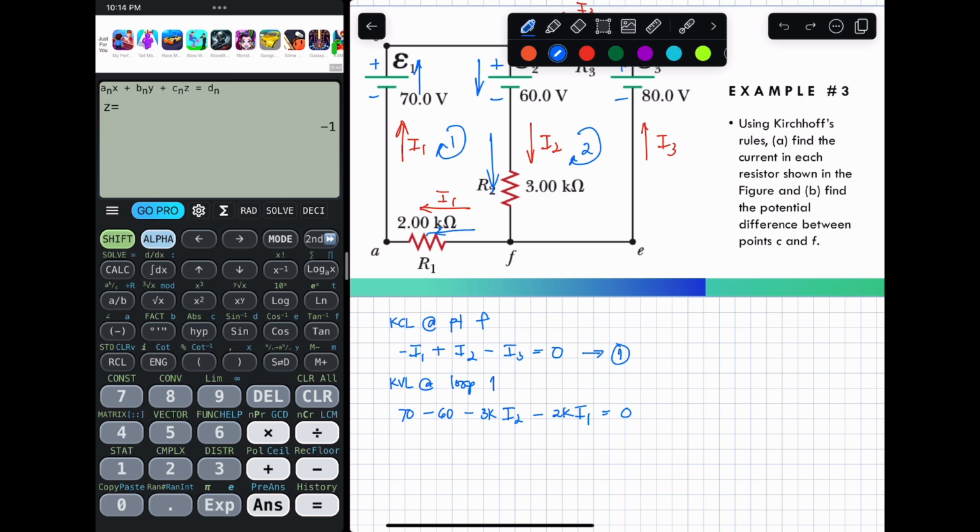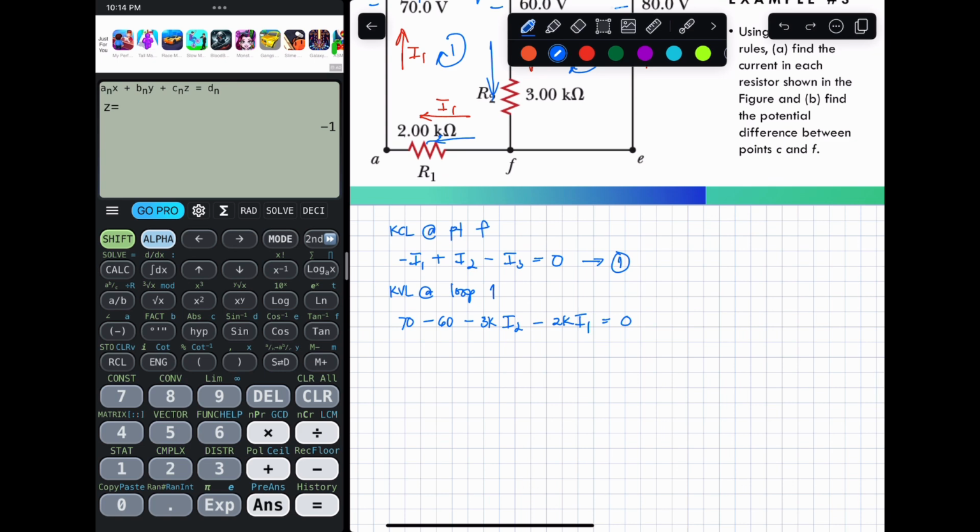So we arrange this: negative 2k I1 minus 3k I2 is equal to 70 minus 60, which is positive 10, and then negative 10. So that's my equation number 2.